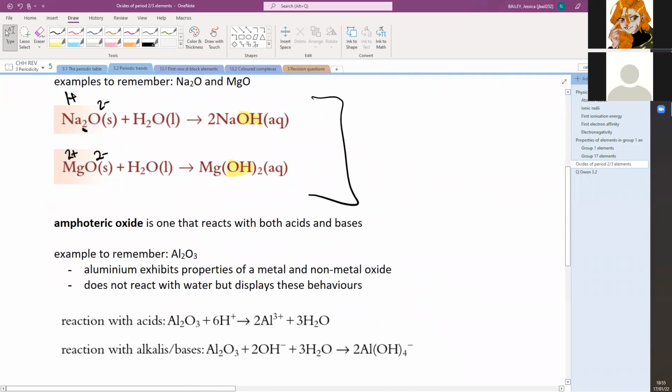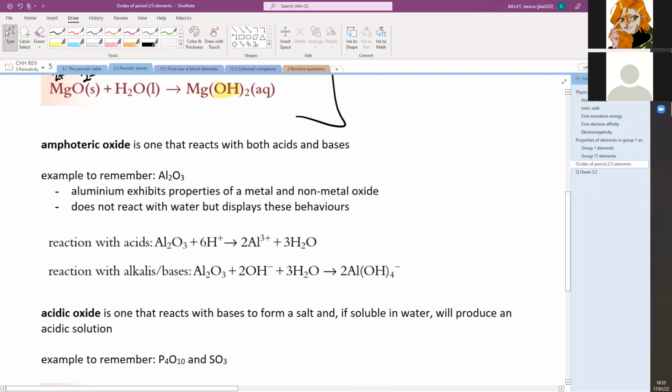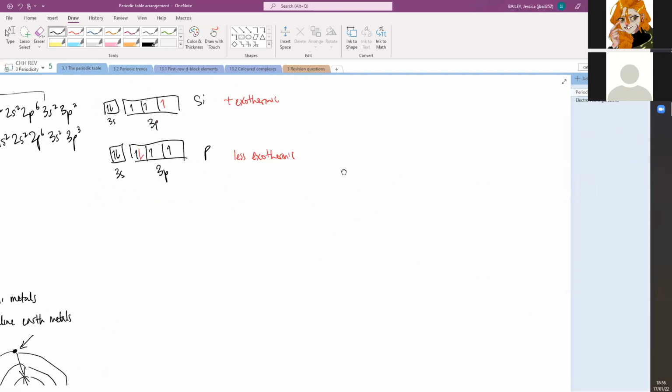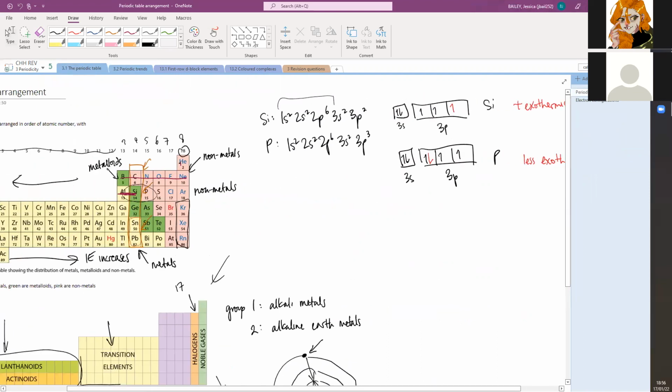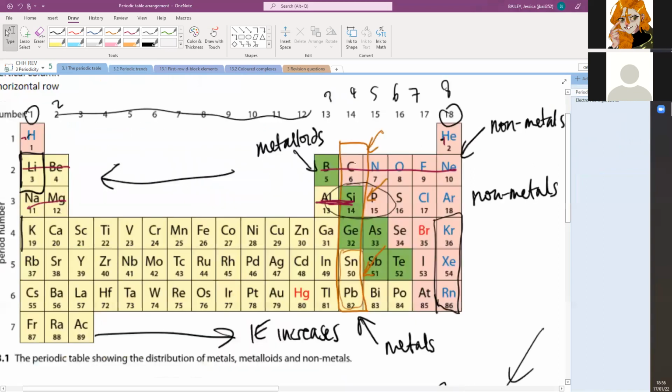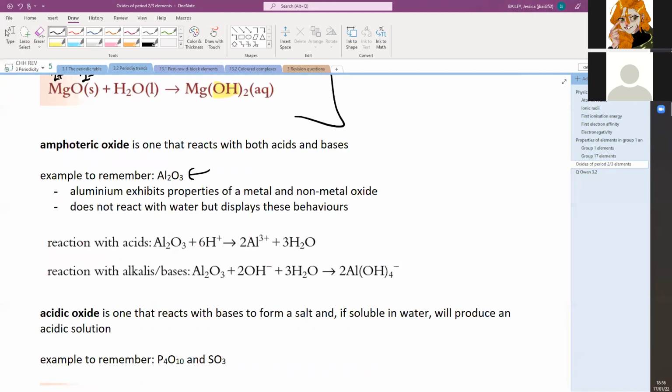Amphoteric oxides react with both acids and bases. Memorize this one. The reason that it's amphoteric is because if I refer back to my periodic table, aluminium's sort of occupied this sweet spot here, where it's close to both sides, and hence it can react with both acids and bases, and that's why it's sort of important.